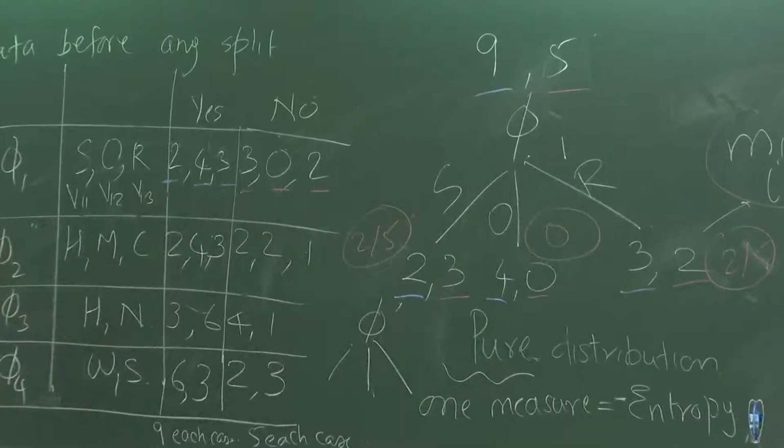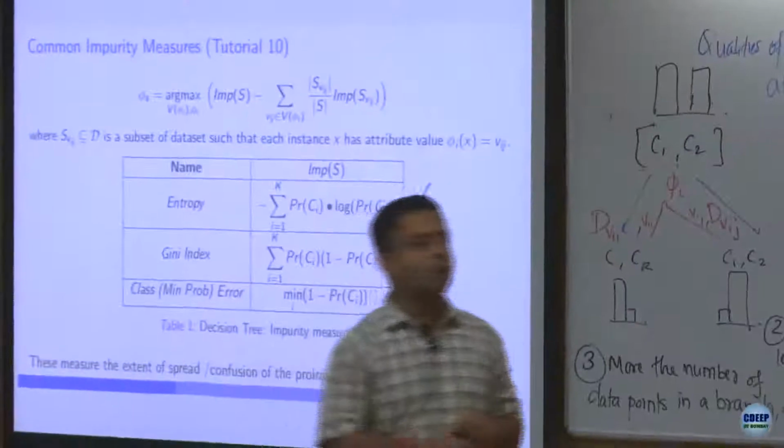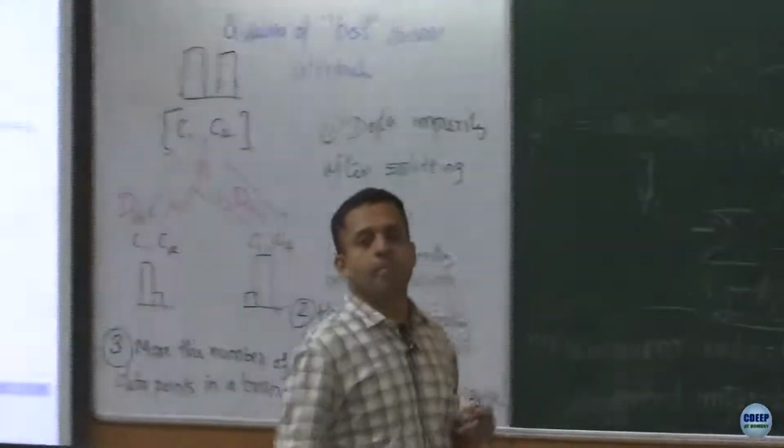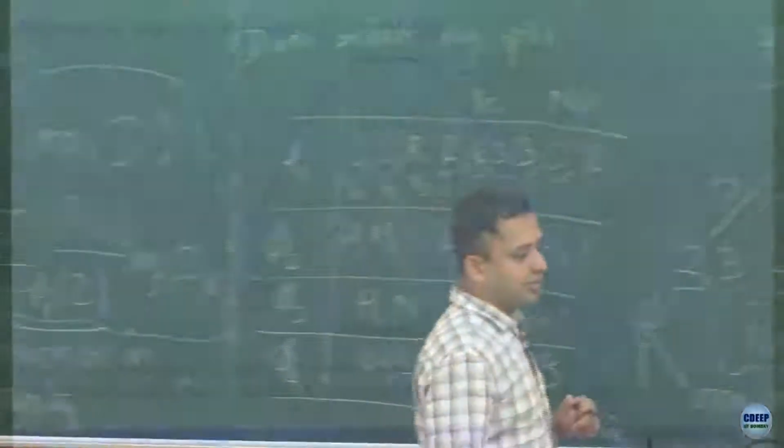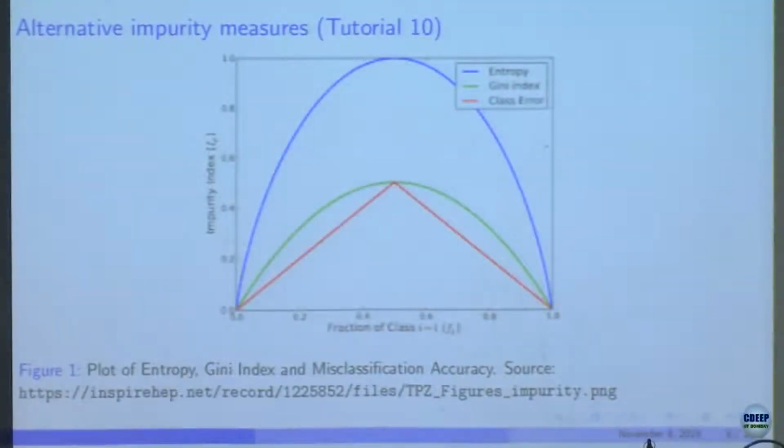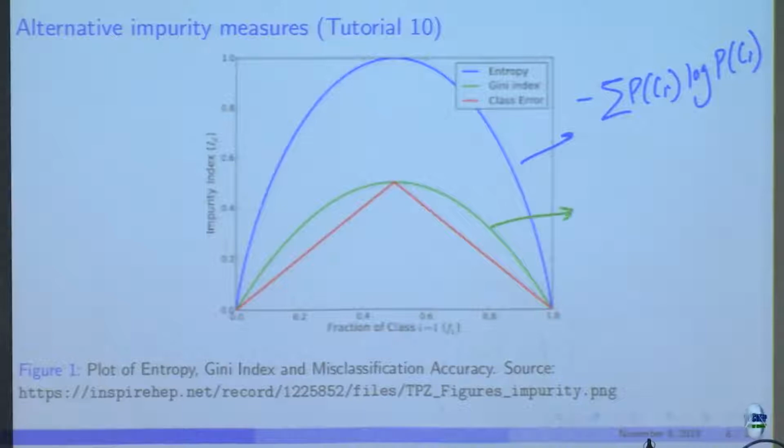You can also have something called a Gini index, which is a quadratic form, somewhere in between the entropy and class min probability. Let's try and plot these three. The plot will help you understand them. Let me just recap. This is entropy, minus summation P of Ci log of P of Ci. The one in green is the summation over Ci, P of Ci into 1 minus P of Ci.